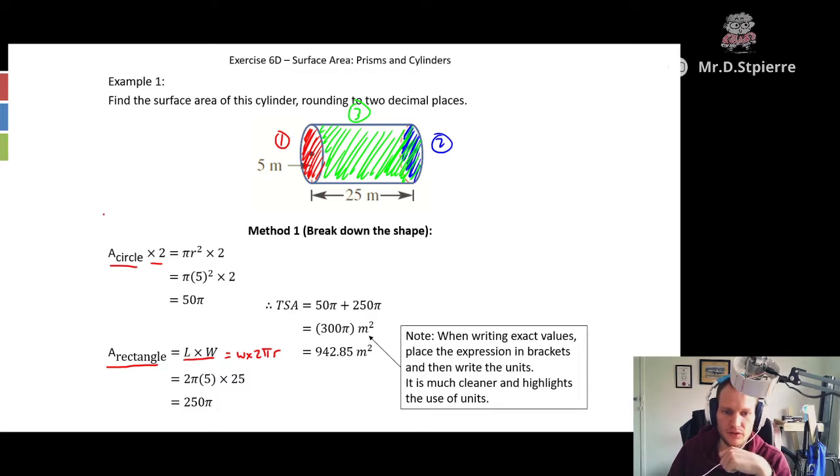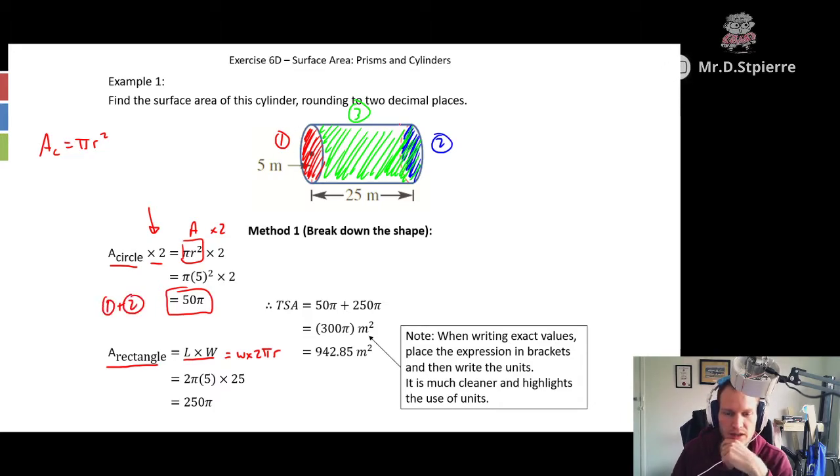The area of a circle is really easy. Area of the circle is equal to pi r squared. So we have 2 of those, so we've got the area times 2. We substitute in. Okay, so the area of my 2 circles is 50 pi. That is 1 plus 2 right there.